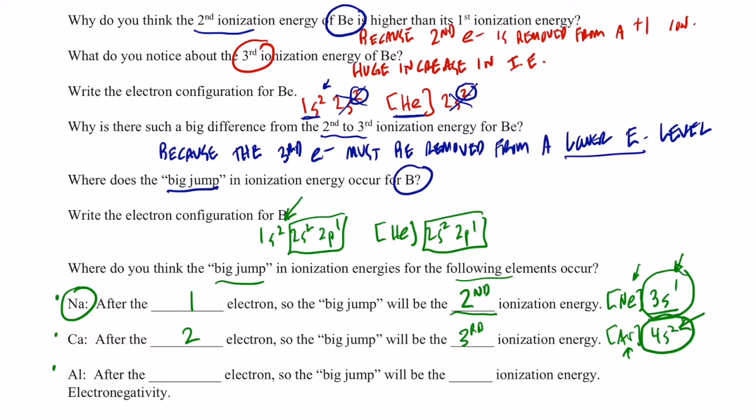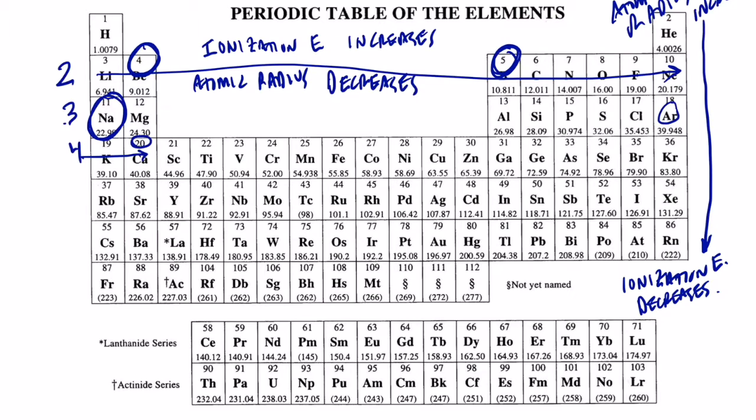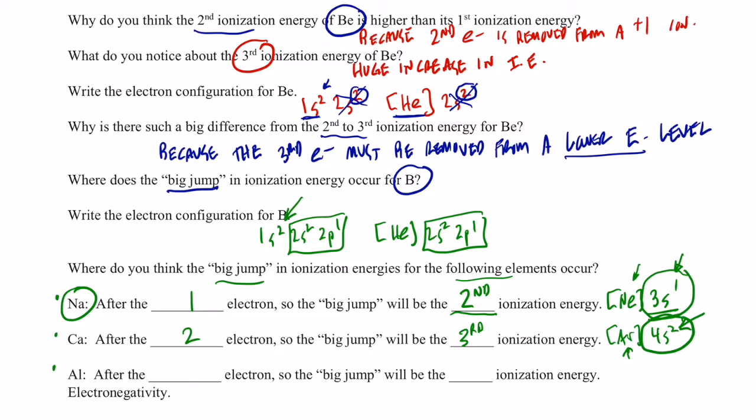All right, let's try it with aluminum. So aluminum, kiddos, is right here. Its configuration is neon 3s2 3p1. So let's write that down. Neon 3s2 3p1. Don't you agree that I can probably take 3 electrons away pretty easily? These 3 in the valence level.